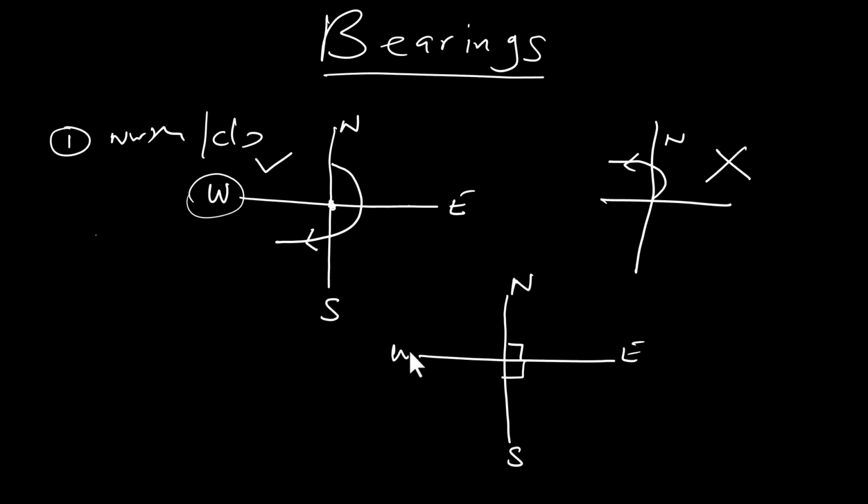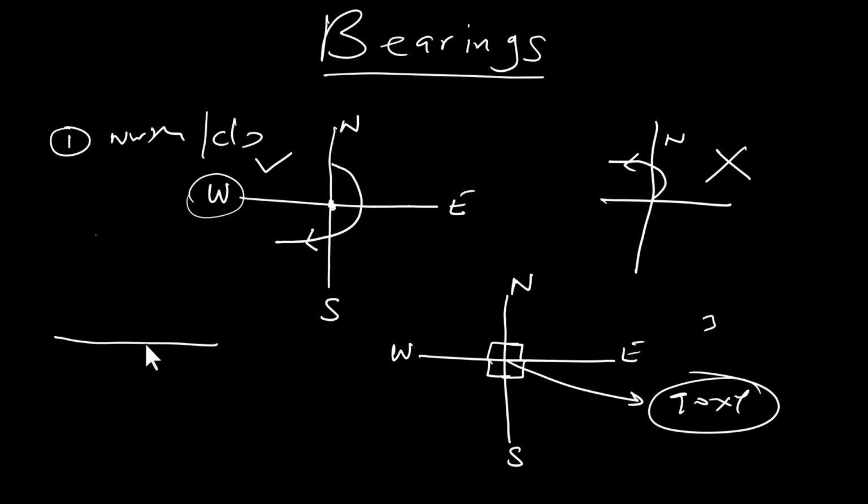Then west, then south, southwest also from 90. Then west to north, 90. So in all, we have 90 times 4, making 360 degrees. This is the same as angles at a point: angles at a point add up to 360 degrees.